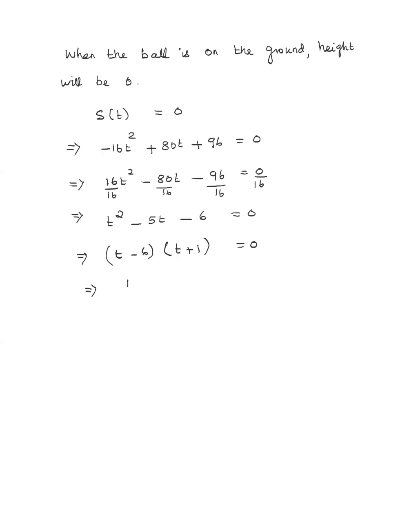That gives us t minus 6 equal to 0 or t plus 1 equal to 0, that is, t is 6 or t is negative 1. However, time cannot be negative, so the only value is t equals 6. So the ball will strike the ground in 6 seconds.